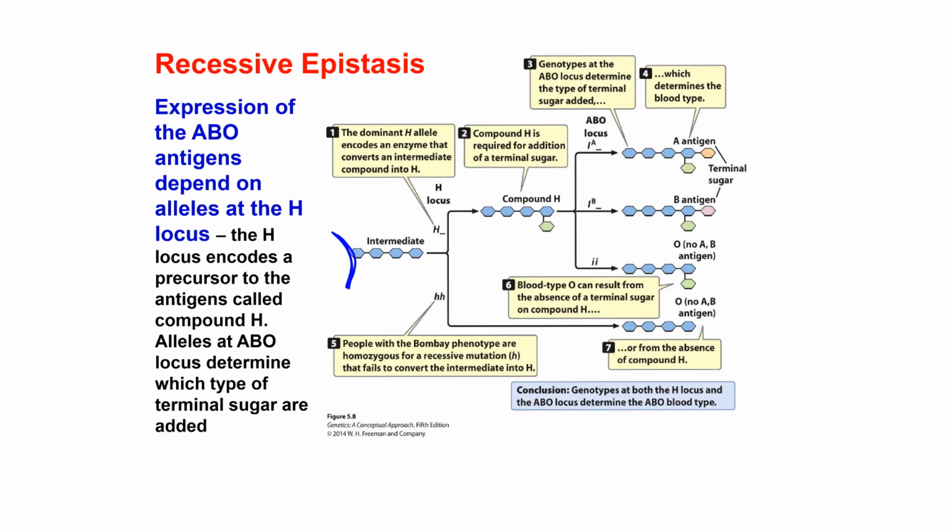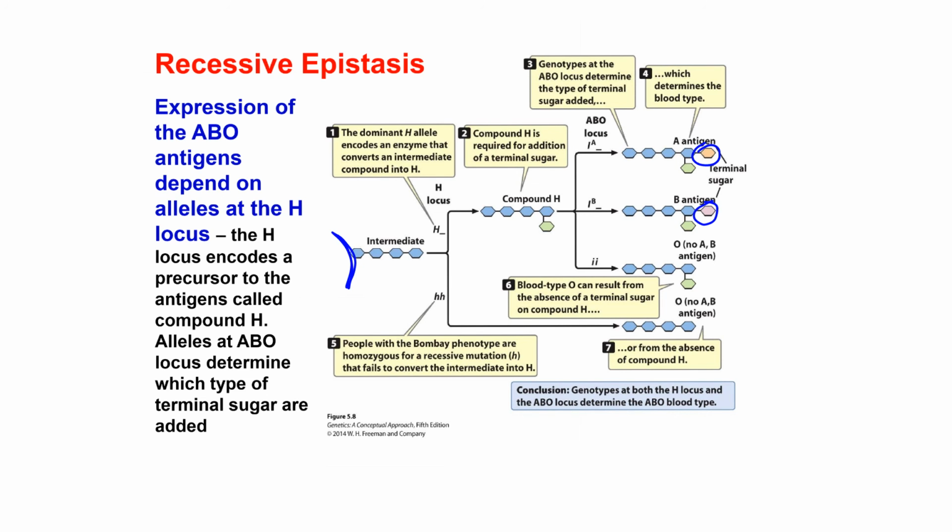It doesn't give a base for the enzyme to add the terminal sugar to it. You remember, only this terminal sugar is antigenic, and if this terminal sugar is N-acetyl galactosamine, that person would have blood group A. If it is galactose, it would encode antigen B.